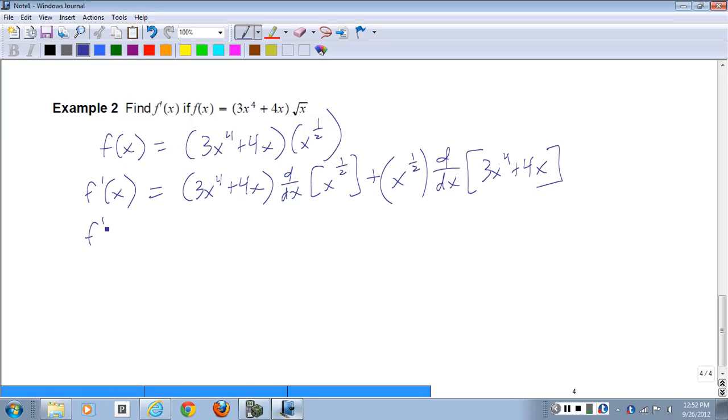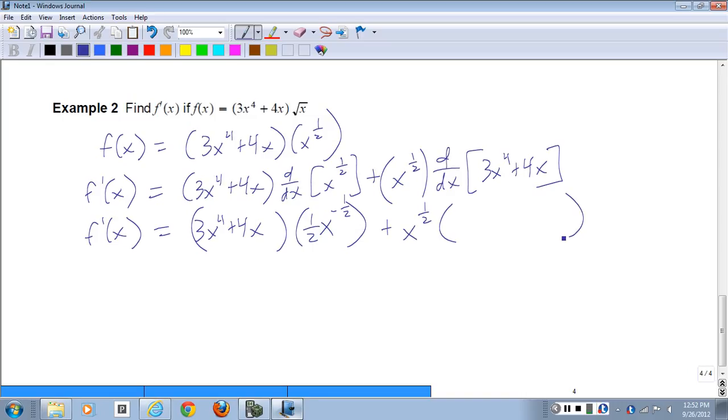F prime of x equals 3x to the fourth plus 4x times, how do we take the derivative of x to the 1/2? 1/2 x to the negative 1/2. And we may need to deal with that negative exponent a little bit, but we'll wait on that. Plus x to the 1/2 times, just a polynomial here, 12x cubed plus 4.